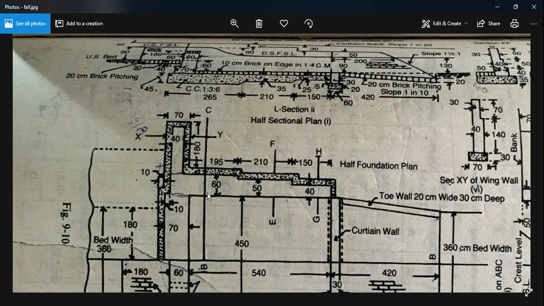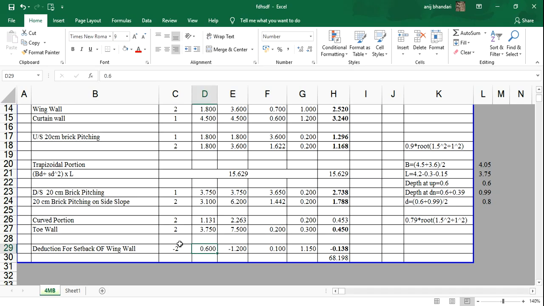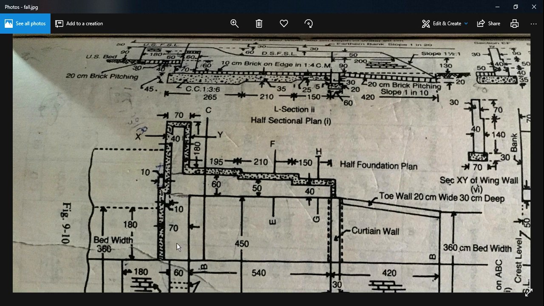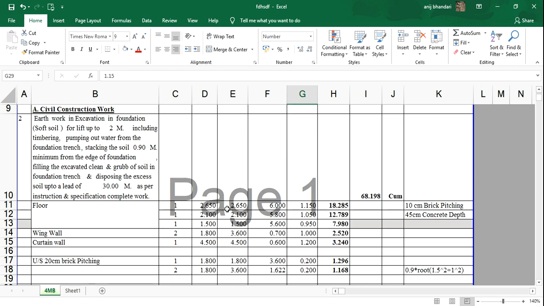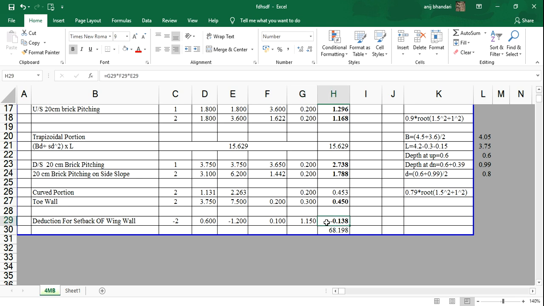The length for the deduction would be 60, or you could take 10 as length and 60 as width, as you wish, because 60 is the longer length. I'll take 60 as length. We have the same thing on the other side also, so minus 2, and length is equal to 0.6, width is equal to 0.1, and depth is the same as what we took for 2.65. This completes the deduction, and this is the earthwork excavation for it.